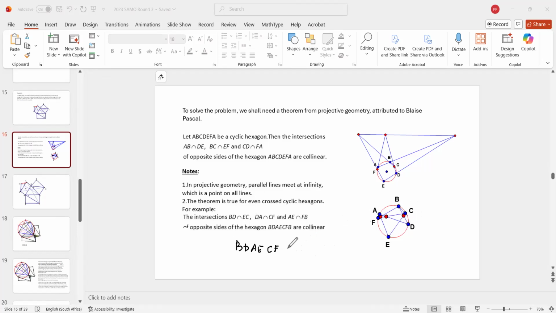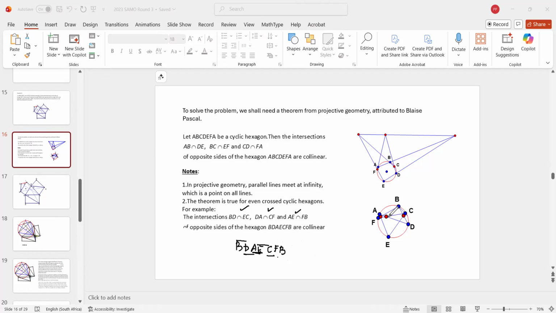But if you use the method which I did now, the opposite sides will become BD intersect EC, DA intersect CF, and the next one will be AE intersect FB. So those 3 points, when you take their intersections, will lie on the same straight line.